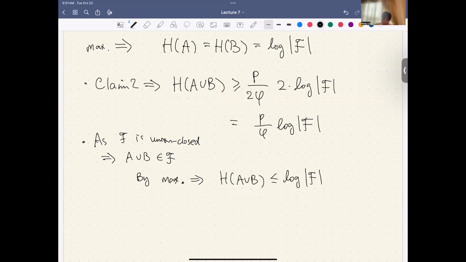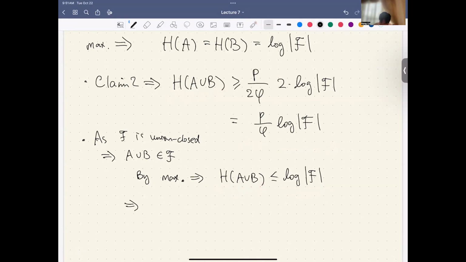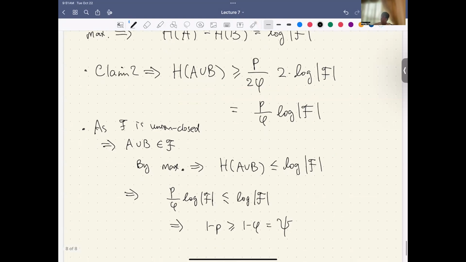So we get p over phi times log |F| is at most log |F|, implying what we need: 1 minus p is at least 1 minus phi, which is our psi, this 0.38 thing.